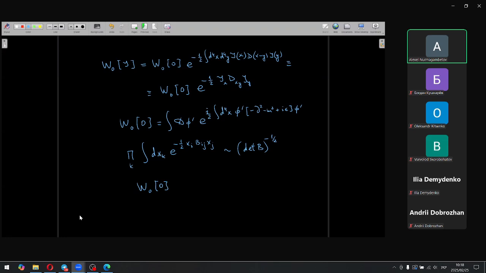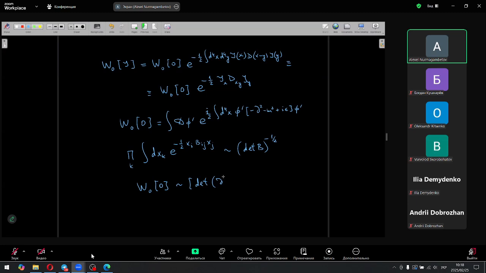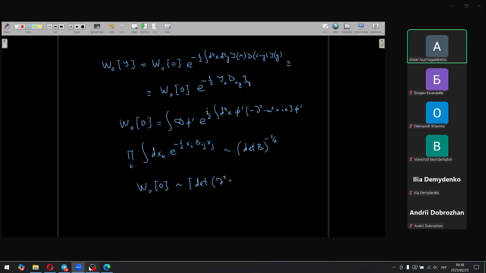And if we apply the technique that led to this result, it will be something like the inverse square root of the determinant corresponding to the Klein-Gordon operator: the determinant of d square plus m square minus i epsilon to the power of minus 1/2.